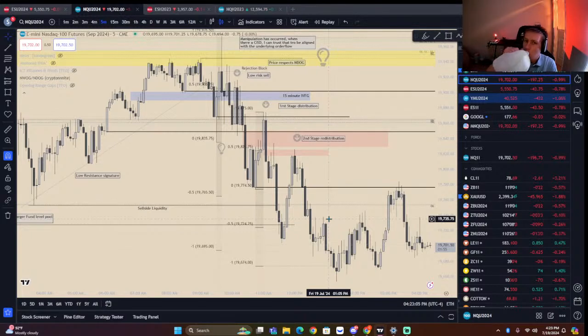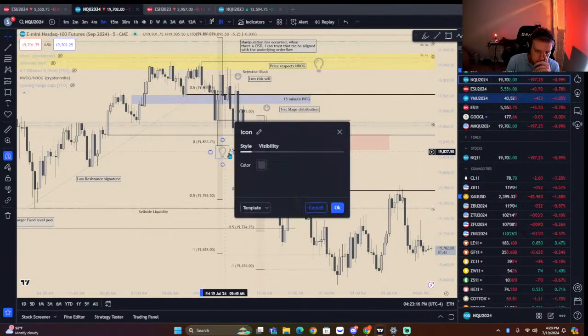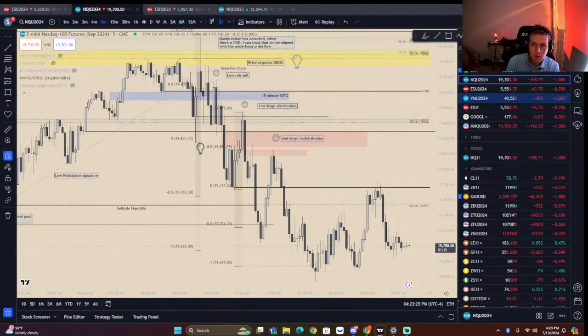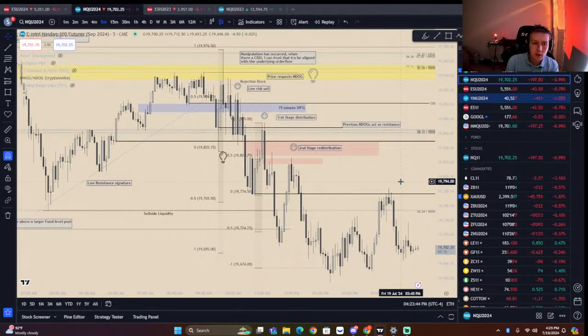Negative 1 standard deviation. Still a lot of stuff on this chart.